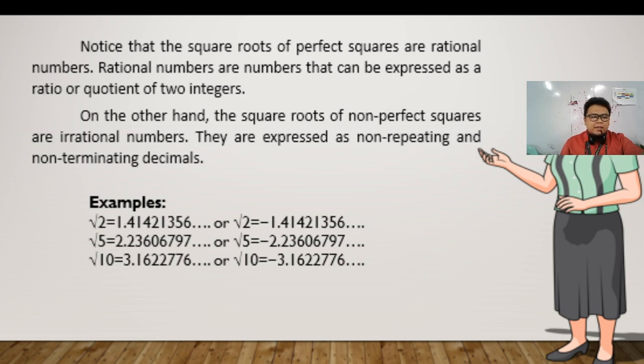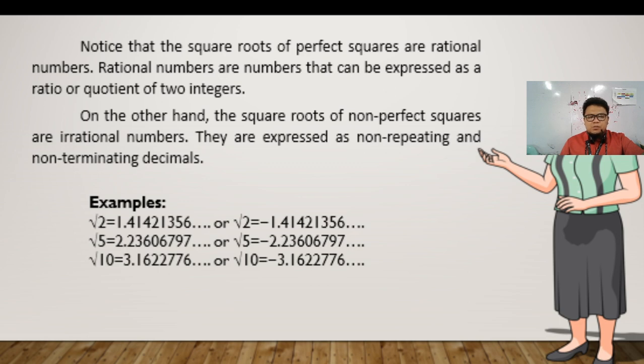On the other hand, the square roots of non-perfect squares are irrational numbers. Why are the square roots of non-perfect squares irrational numbers? Because if we look for the square root of those numbers, they are expressed as non-repeating and non-terminating decimals.